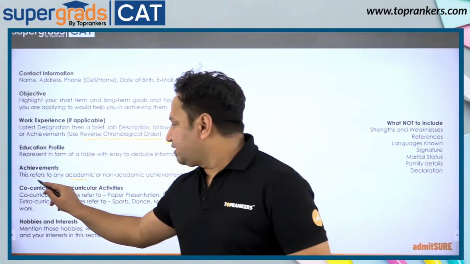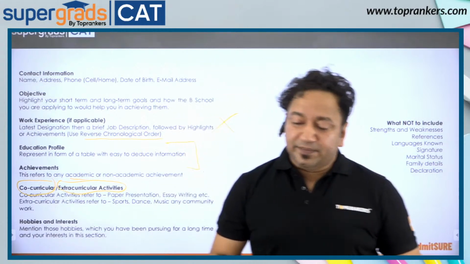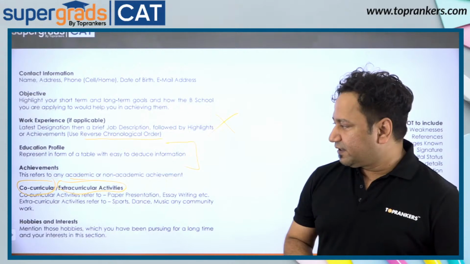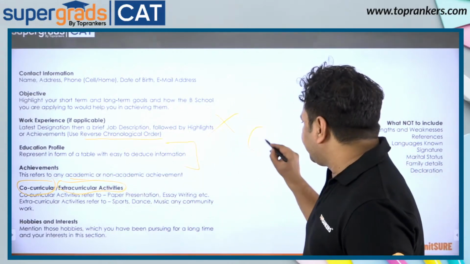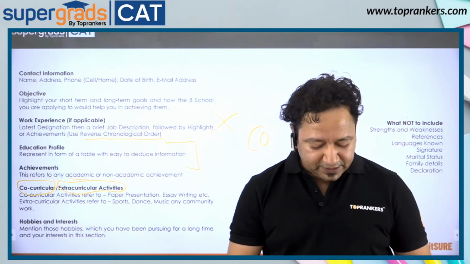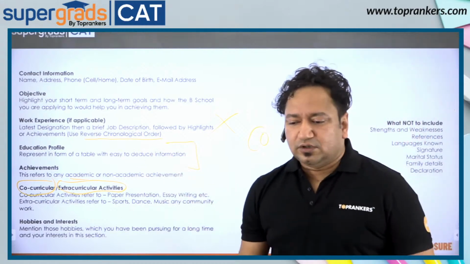Then comes the co-curricular and extracurricular activities, and people get confused about what should go in co-curricular and extracurricular. Take the prefix co in co-curricular. Curricular is something within the curriculum, that is, with the studies, and co is like in cooperation, coordination.